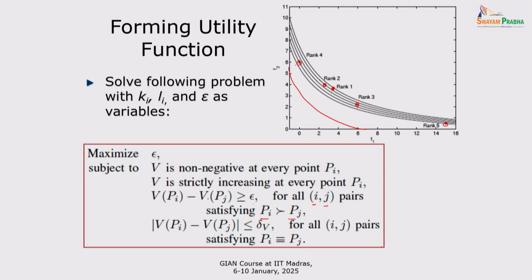What is the epsilon? I try to maximize that. So I'm saying when i is better than j, the difference between the value function at i and at j has to be as large as possible. That's how I'm clearly saying why I like i: in the underlying value function he's using, i has a much bigger value than j.